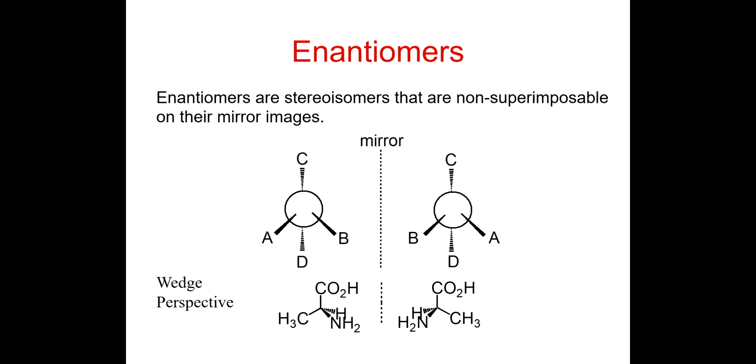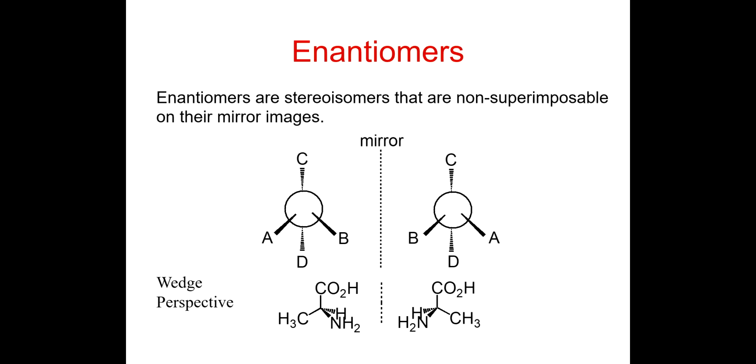So what does it mean that they are non-superimposable on their mirror image? Taking alanine for example, in order to overlay the 2, we need to flip the right one a little bit, so that the carboxylic group and methyl groups are overlapped with each other.